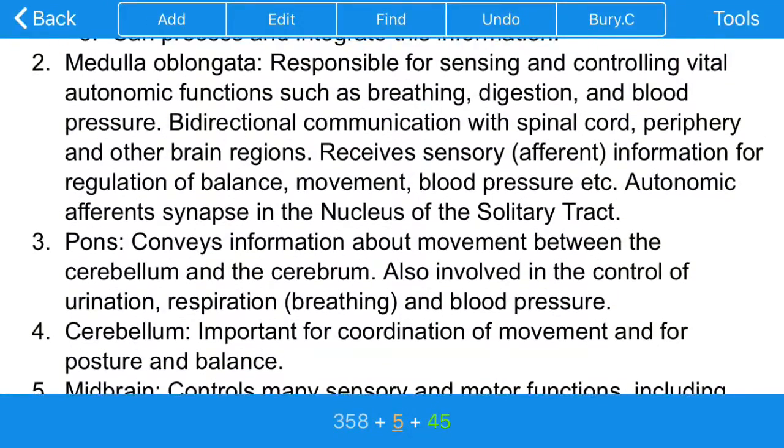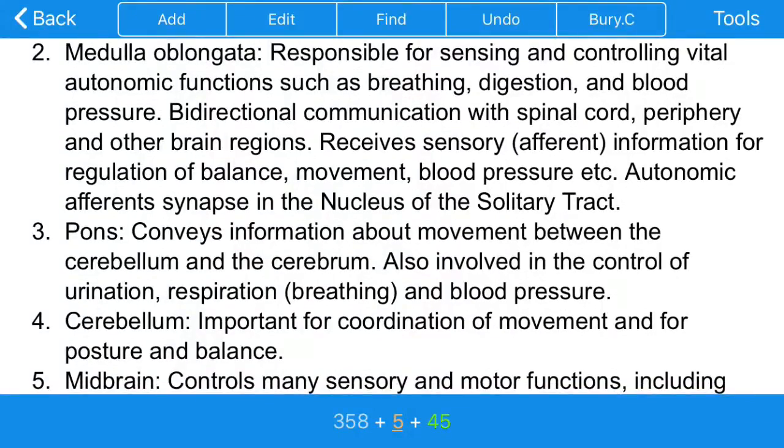Bidirectional communication. Yeah. I expect bidirectionality. Does receive sensory information. A balance, that was the other one. Right, in order for it to control balance, it has to receive signals. So that's a meaningful distinction, right?